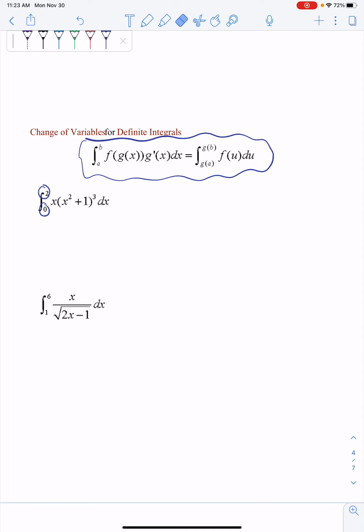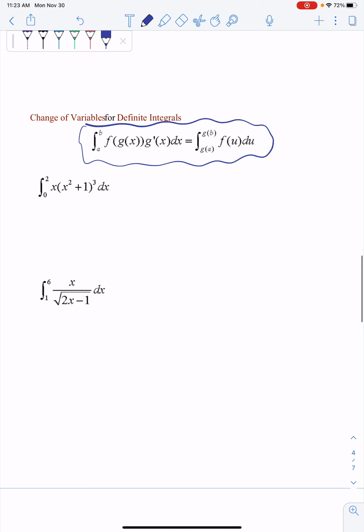And I'm just going to show you some examples because I think the examples paint a lot better picture than the messy formula. So if I'm integrating from 0 to 2 of x times x squared plus 1 cubed dx, just like before, usually the easiest thing to do is let u equal the inside, the x squared plus 1.